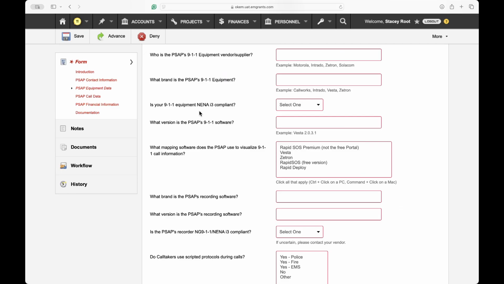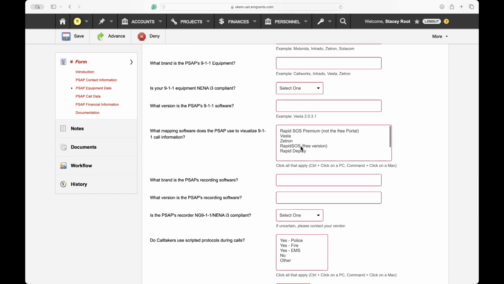So the next few questions: is your 911 equipment NENA i3 compliant? Yes or no? What version is your PSAP's 911 software? We're looking for a version number, so please get with your vendor to find out if you don't know what that software number is. What mapping software does the PSAP use? Again, I think that's a duplicated question from before, but that's a drop-down menu and has an other.